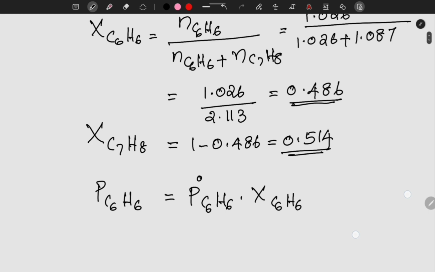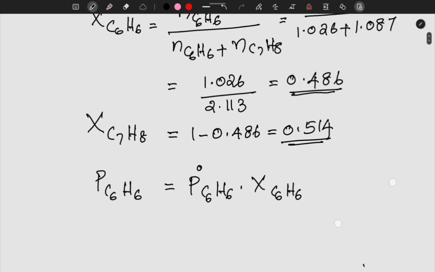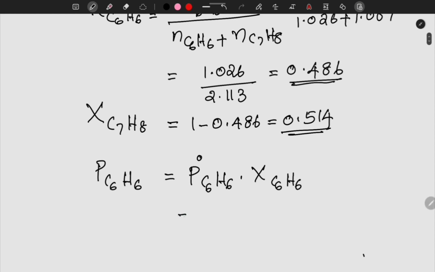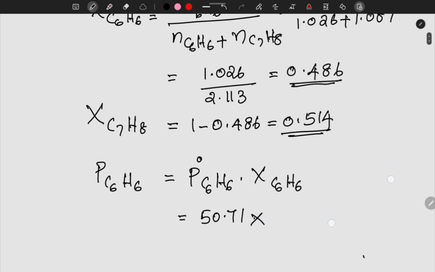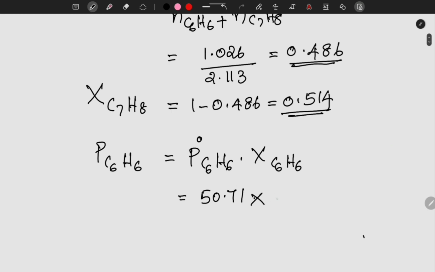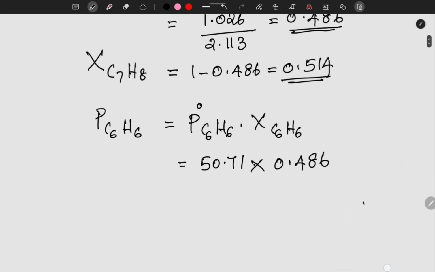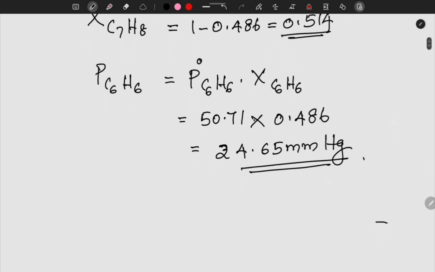So here the vapor pressure of the pure component is given as 50.71 into mole fraction of benzene, which is 0.486. So when we multiply this, we will get the partial pressure of benzene in solution, that is 24.65 millimeter mercury.